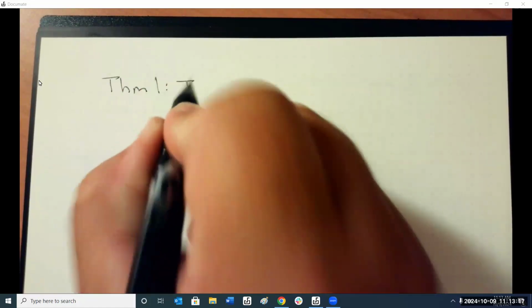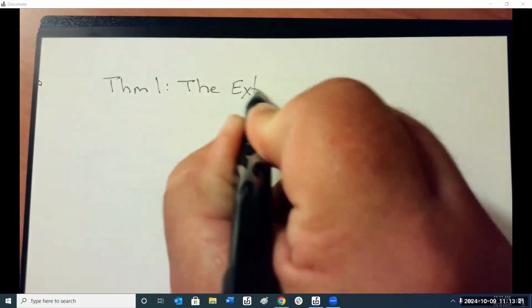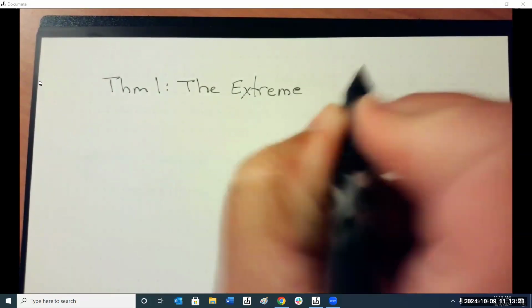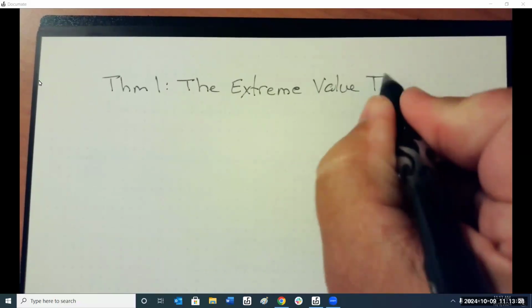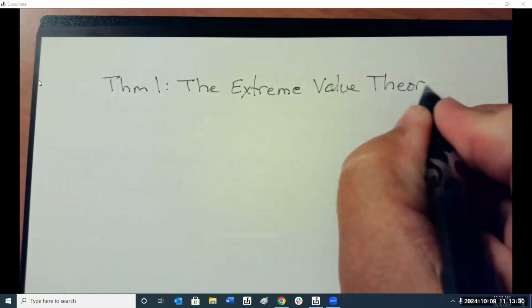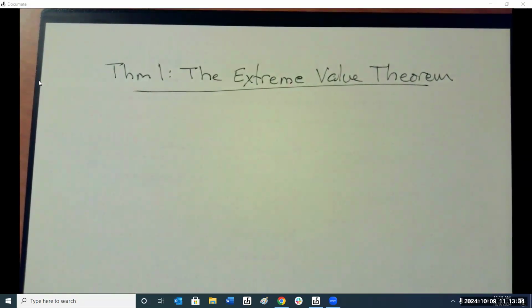Theorem 1, the extreme value theorem. What the extreme value theorem states is this.